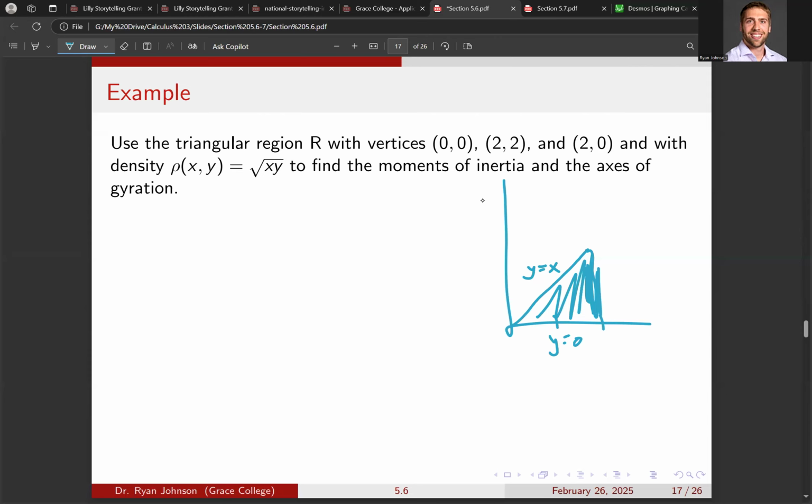So let's do it. Let's find m. It's going to be the integral from 0 to 2, from 0 to x, of square root of xy dy dx.